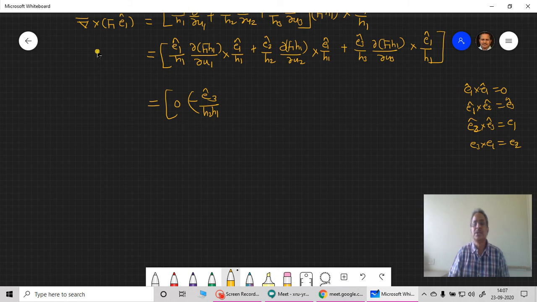This is H2, this is H1, I am writing a separate bracket, into del of F1 H1 divided by del U2, sorry U2, not U1, this is U1 will go here, this is U2. And this becomes plus, the cross product of these gives you E2 cap upon, this time it is H1 H3, and del of F1 H1 divided by del U3.